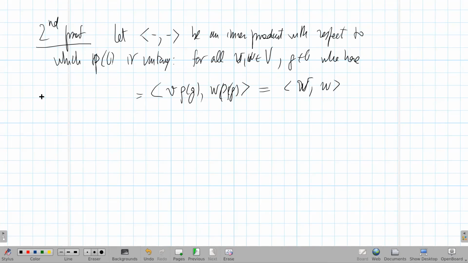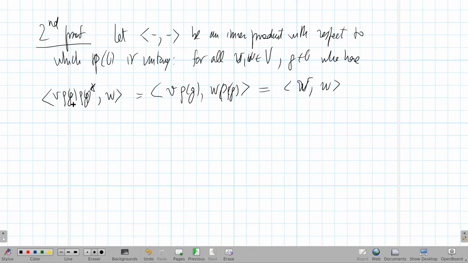And you recall from linear algebra that if you have an inner product, you can bring a linear operator to the other side and you get the adjoint, which with respect to an orthonormal basis will be the transpose conjugate, but we'll discuss that again later.